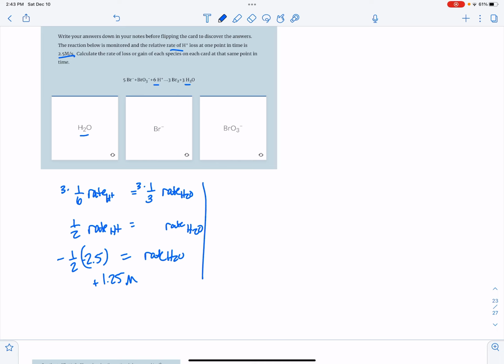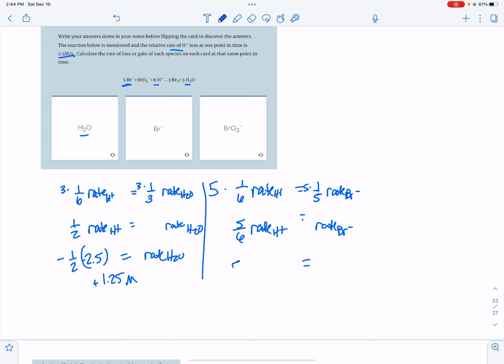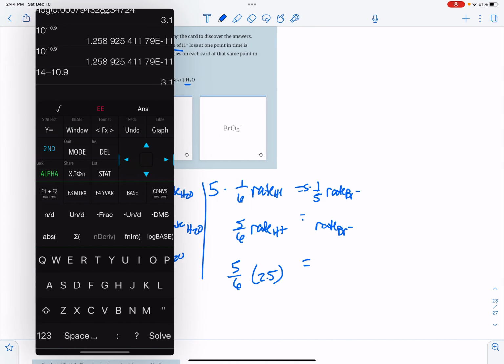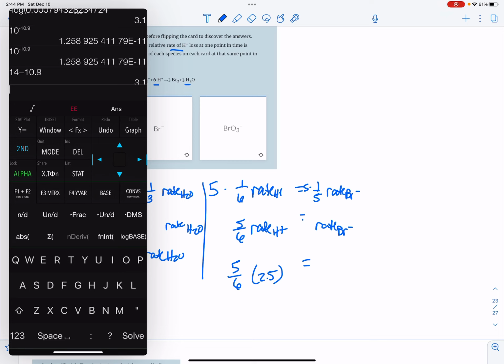The next one, I'm going to compare my 1/6 my rate of H plus to my BR, which is over here, 1/5 my rate of BR minus. So I want to multiply both sides by 5. So I get 5/6 times the rate of H plus is equal to the rate of BR minus. So 5/6 times 2.5 is going to be in the range. Actually, I'll just put it in my calculator.